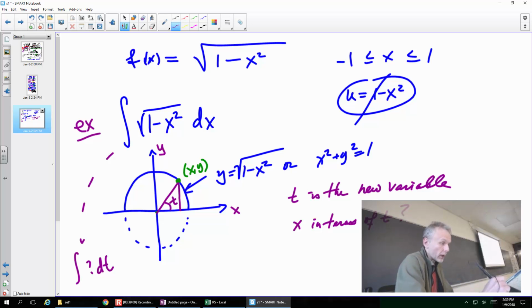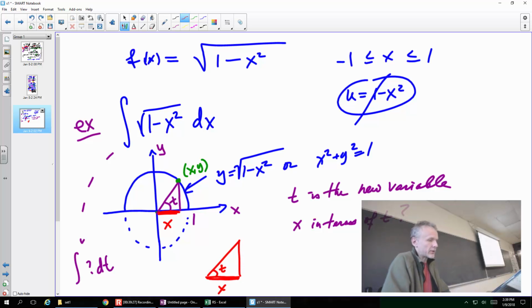What's the relation between x and t? Cosine, that's right. It is a radius 1 circle. So t is the angle, and x is, where's my x? This is x. So we have a right triangle with a known angle t and a known adjacent side, which is x. The conclusion is then x is equal to simply cosine t.